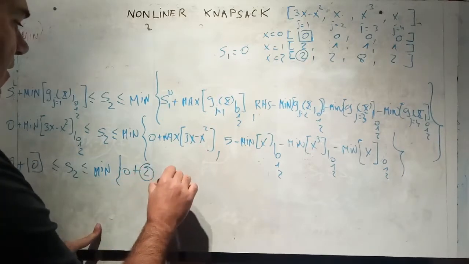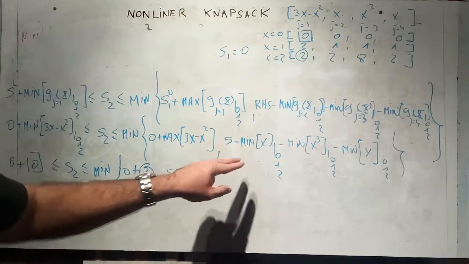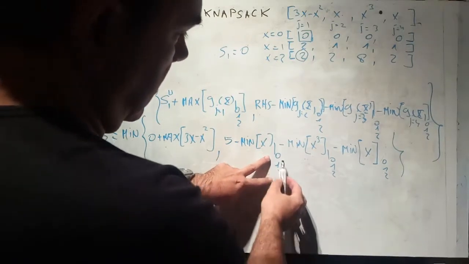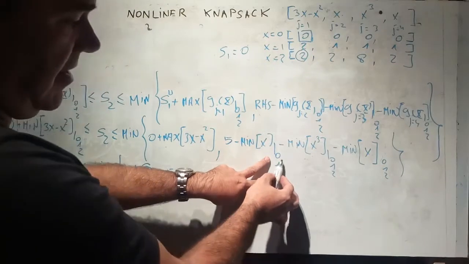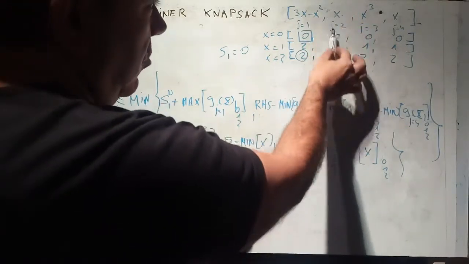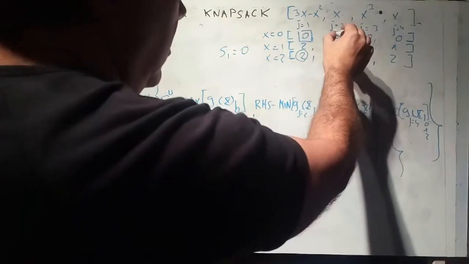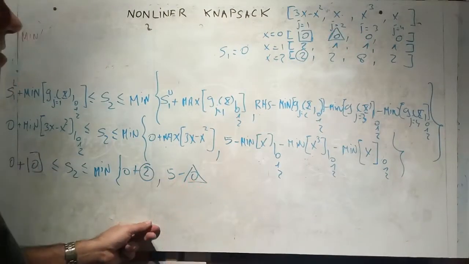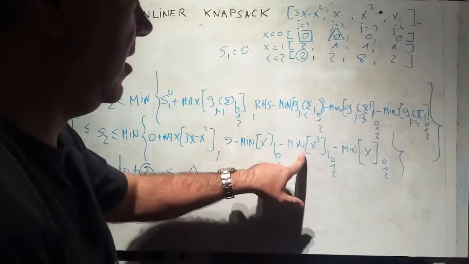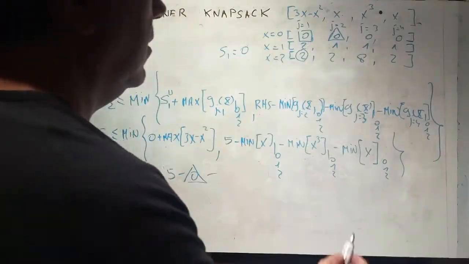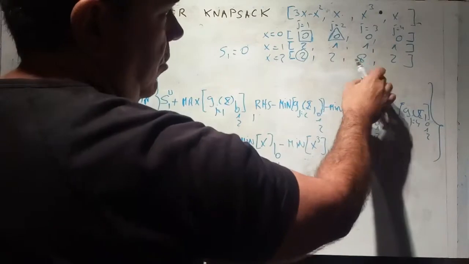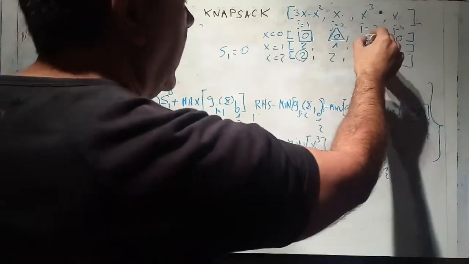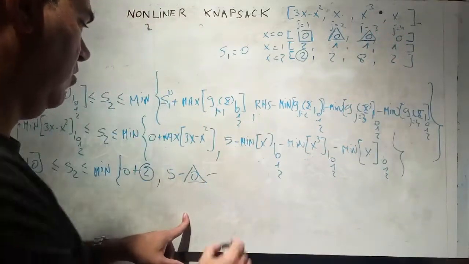comma, 5 minus the minimum of x evaluated at x in 0, 1, 2, that is looking at this column. The minimum is 0, is this value. So less 0, minus the minimum of x cubed, the third stage, evaluated at 0, 1, 2. The minimum again is this value, 0.